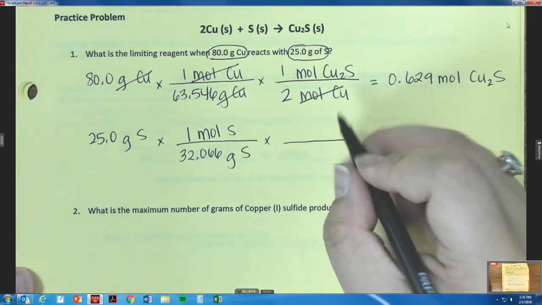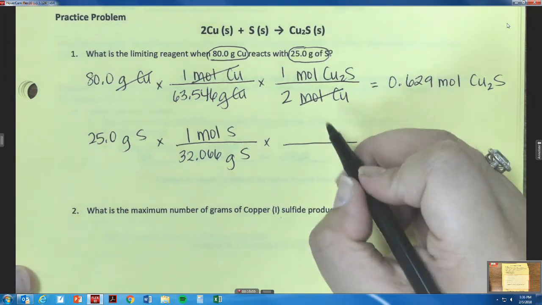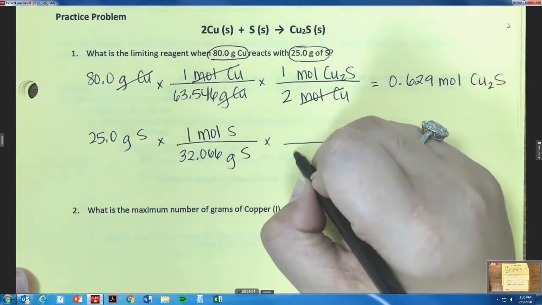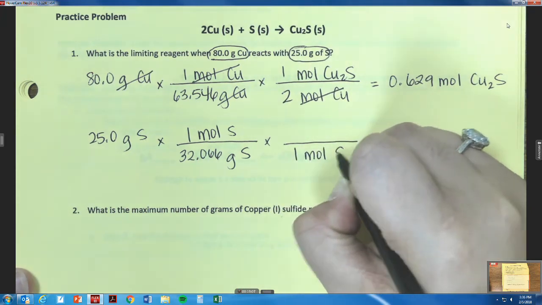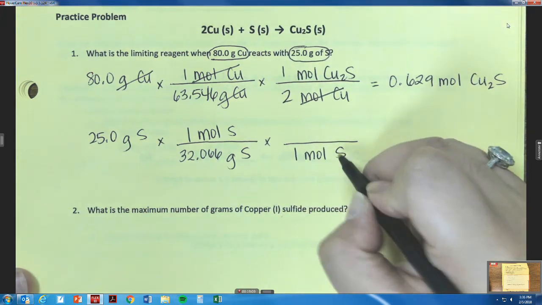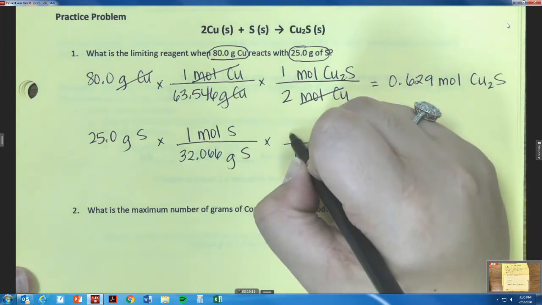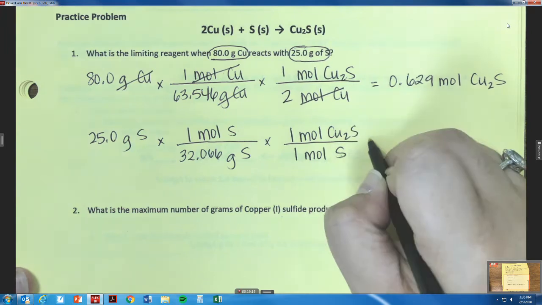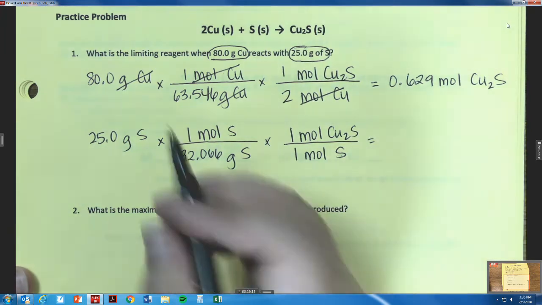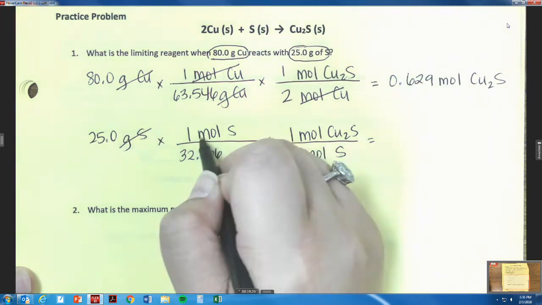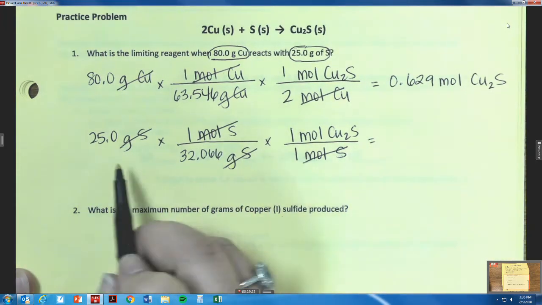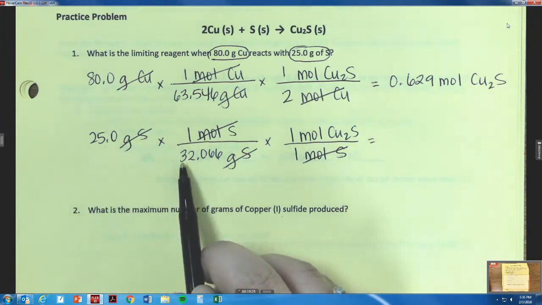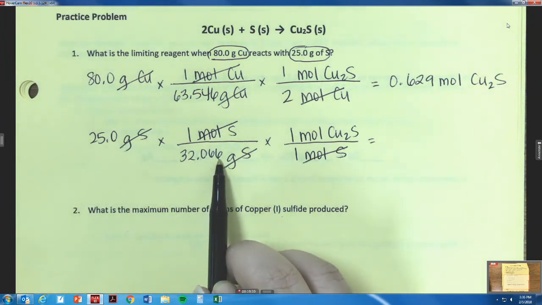And my conversion factor from my balanced equation, so if 1 mole of sulfur is on top, then I know 1 mole of sulfur is going to go on bottom for my next conversion factor. And what I'm looking for are moles of copper sulfide. Okay, so again, our units are going to cancel out, and what we're left with is 25 divided by 32.066.